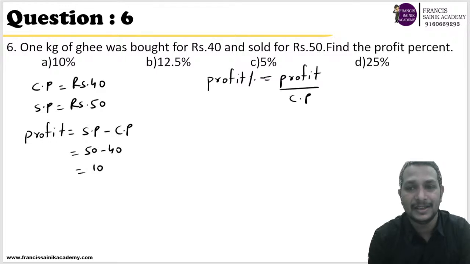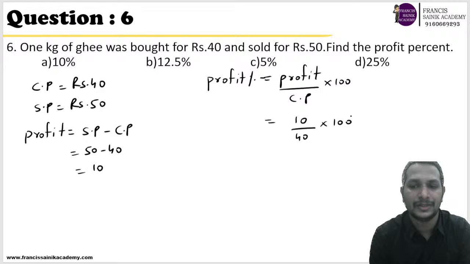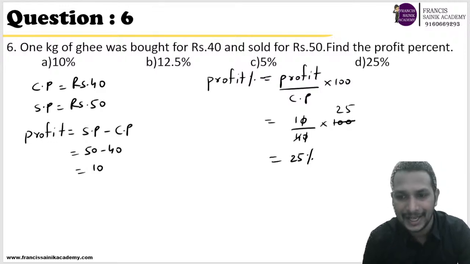Profit is 10 and CP is given as 40, into 100. I'll cancel off this 0 and 0, 4 times 25 is 100. So we got the percentage as 25%. So the profit percent we got is 25%.